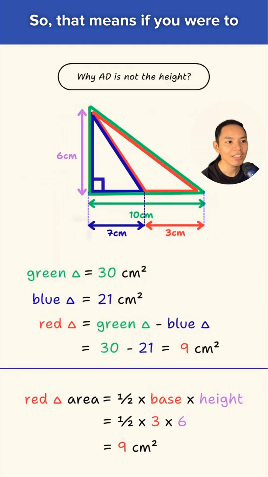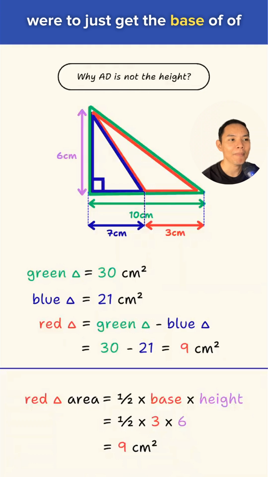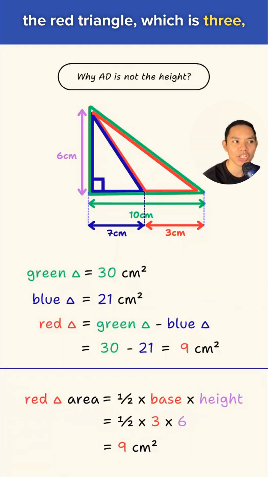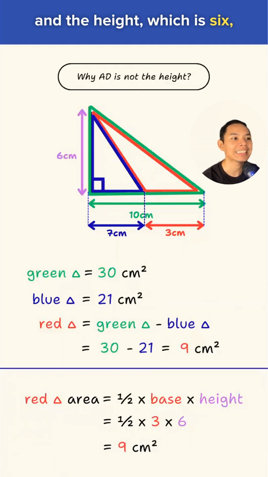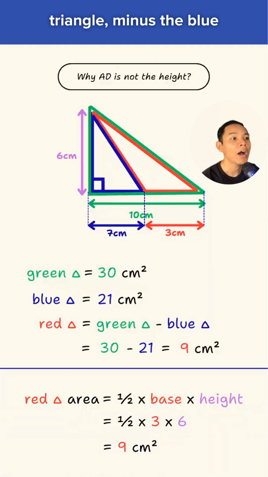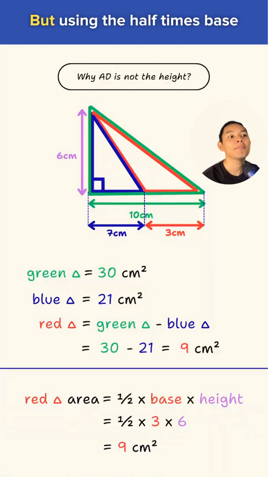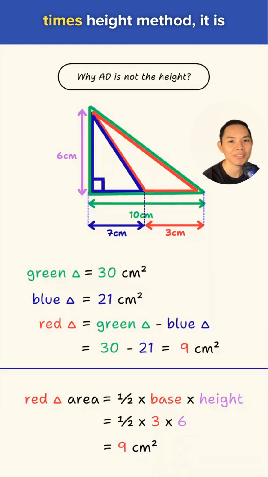That means if we were to just get the base of the red triangle, which is 3, and the height, which is 6, it is the same as getting the big green triangle minus the blue triangle; we will still get the same area. But using the half times base times height method, it is much easier.